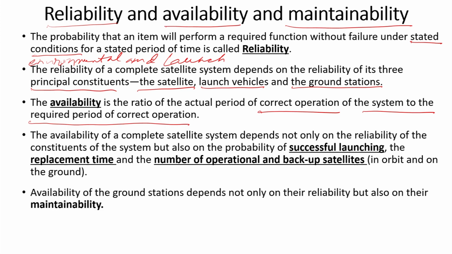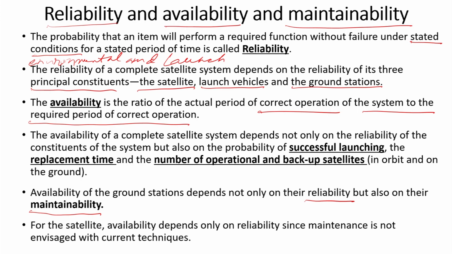So, availability with the ground stations depends not only on the reliability, but also on their maintainability. For the ground stations, both reliability and maintainability come in, because it is in our hand, we can do the maintenance, but if proper maintenance is not done, then again the availability will not be there, because availability is a function of maintainability.